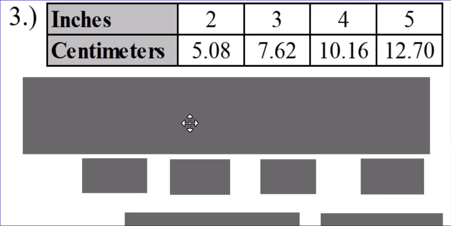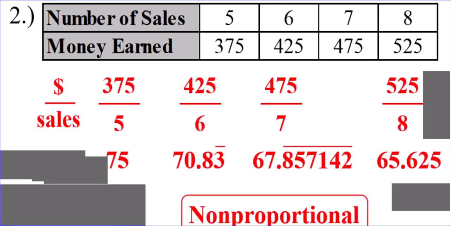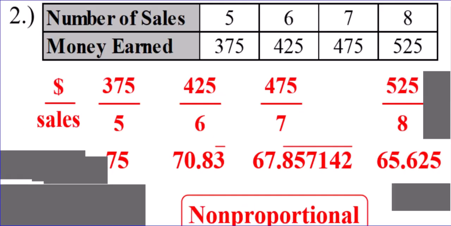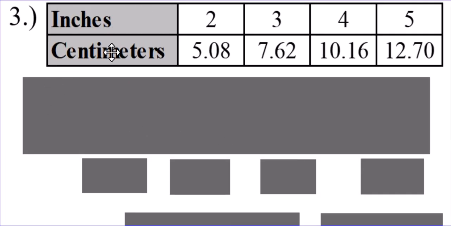All right, problem number 3. This one, it's a little bit trickier to know how to set up your fractions. We know when money's involved, money's going to go on top. We know when there's a unit of time involved, like seconds, that normally goes in the denominator. But problem number 3, centimeters and inches, I mean, you could really set this up either way.